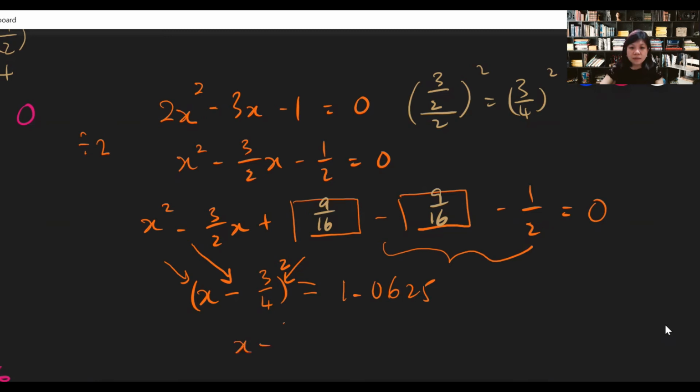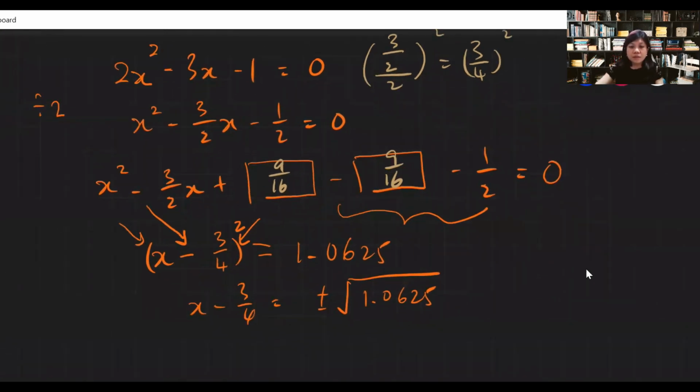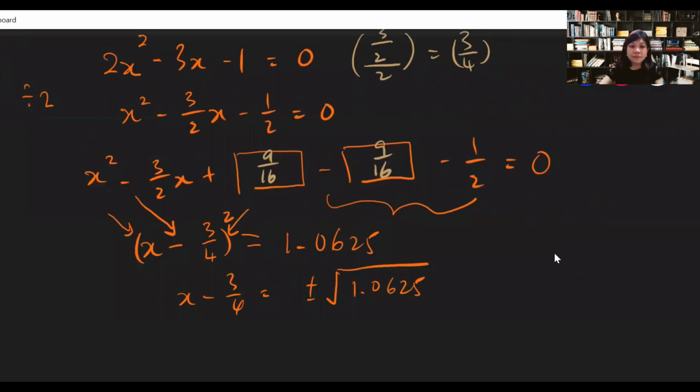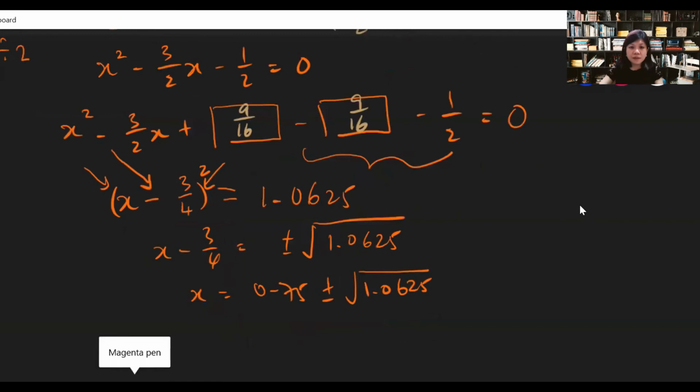Again, positive negative square root, because you bring the square over to the other side, and x equals 0.75 plus minus the square root of 1.0625. Using a calculator, you're going to have 1.78 or negative 0.28.